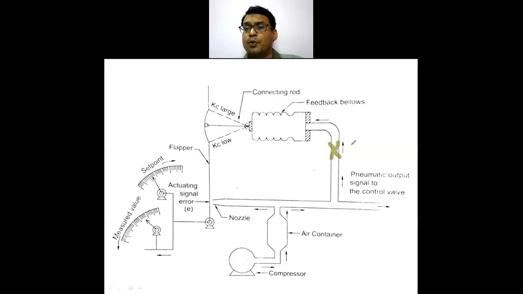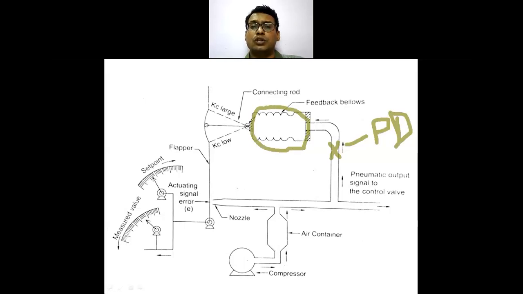This produces the proportional derivative controller, PD controller, and in addition to this feedback bellow, another feed forward bellow is also added into the system, so that you are making it the proportional and integral controller.